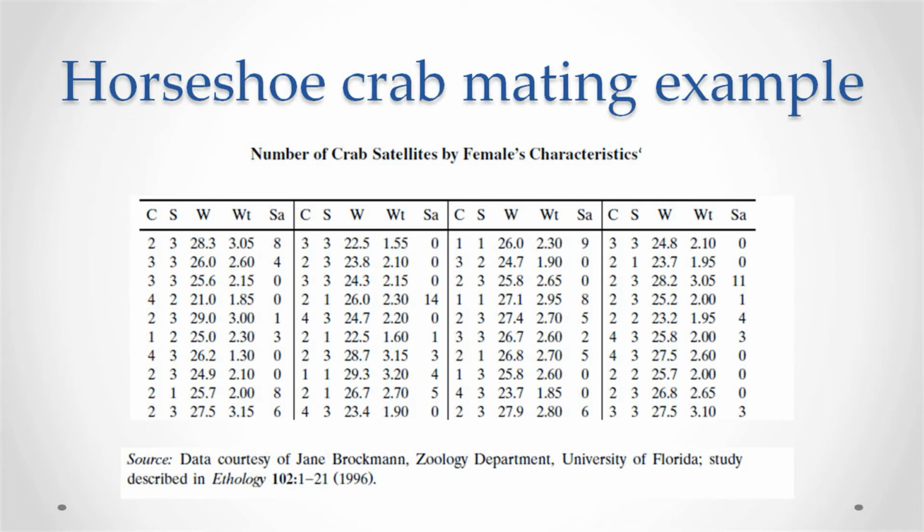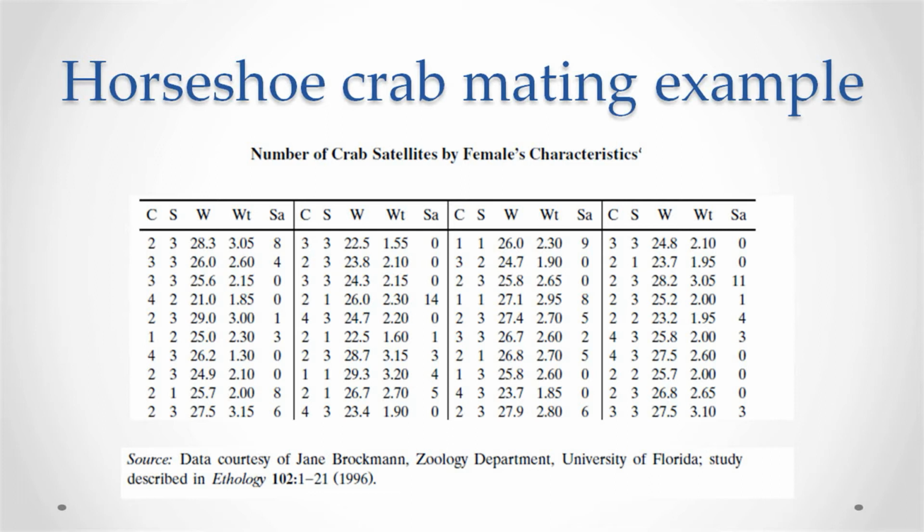So this is a snapshot of the complete data set. The columns give the various covariates. So C, for example, stands for color, coded as light medium, medium, dark medium, or dark. S is the spine condition, where 1 denotes both good, 2 denotes one worn or broken, 3 denotes both worn or broken. W is the carpus width measured in centimeters.